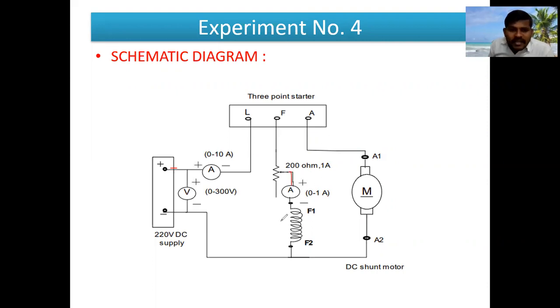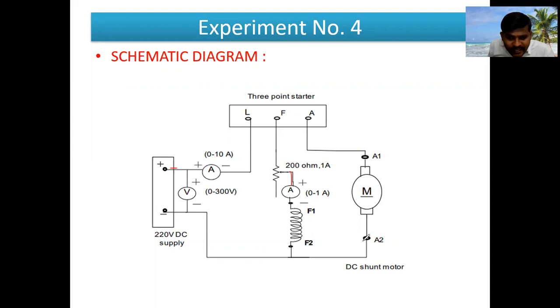Ammeter च्या एका terminal ला connect केलेलं आहे. Next terminal of the ammeter can be connected to F1 and F2. That means field winding of the motor. A terminal, that is armature terminal of the 3-point starter, can be connected to the A1 terminal of the motor.